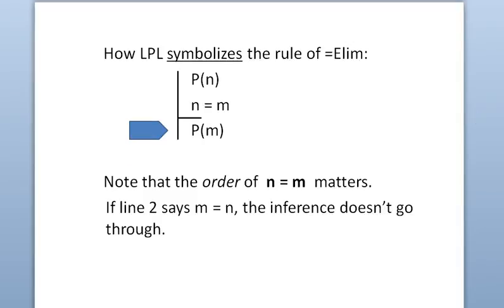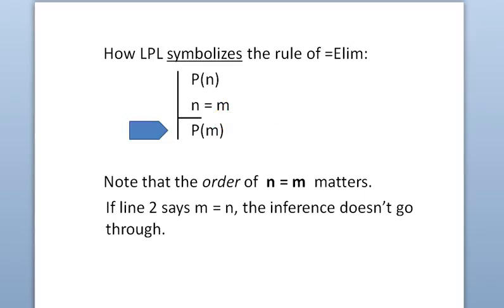Okay. Let's look at how LPL symbolizes the rule of identity elimination. And here's how they do it. They say, if you have two sentences, and by the way, the formulas that appear above the little horizontal line mean that we've already been given them as true. They're already established.